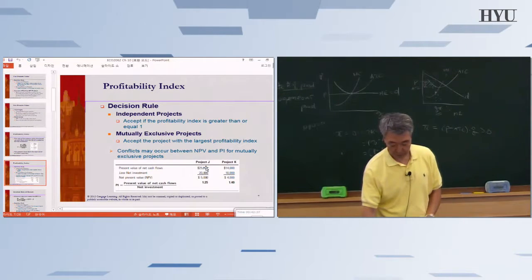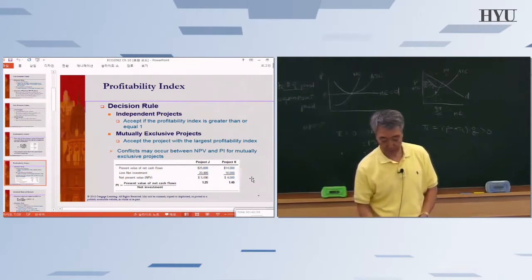That's 25,000 divided by 20,000. In project K, the discounted future cash flow is 14,000. It requires $10,000 net investment. So if you calculate net present value, that's 4,000, which is smaller than 5,000 here.